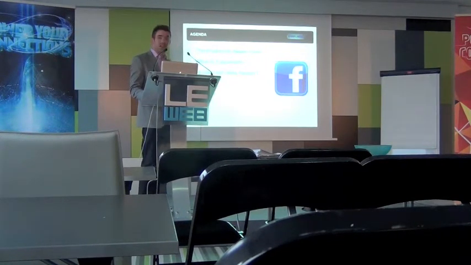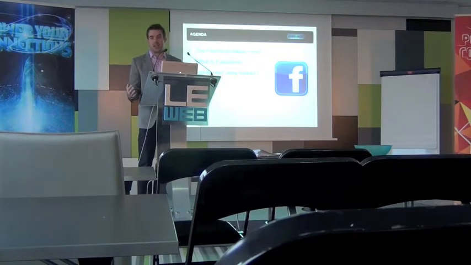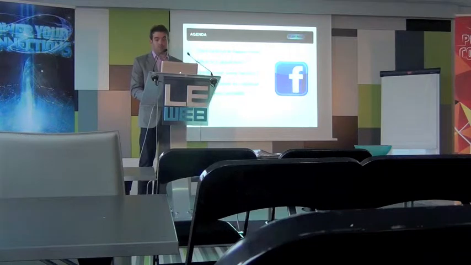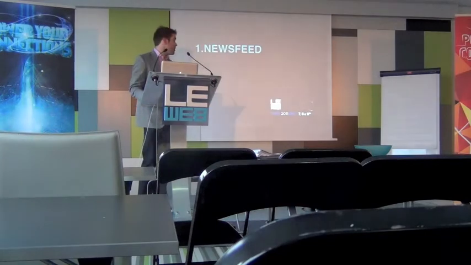Highlighted stories and factors, the implications behind that and how the news is distributed across you as a user. Best practices for optimal newsfeed visibility. And then finally, how to determine if your strategy is working overall. So if we start off with the first one, which is the newsfeed.